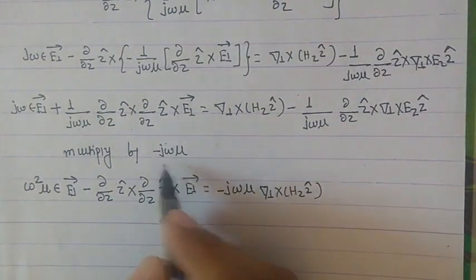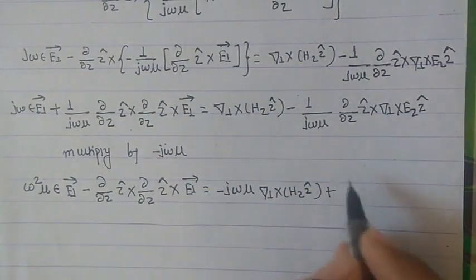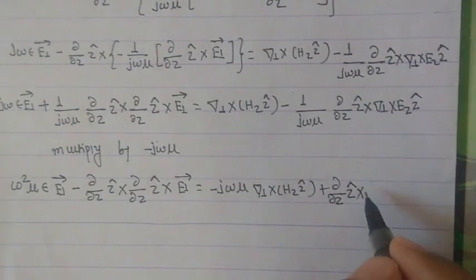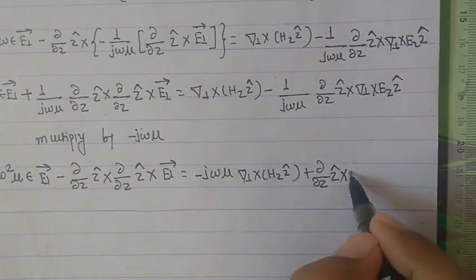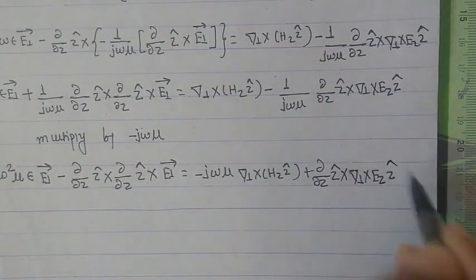Minus minus will become plus. J omega mu will be cancelled out. Del by del z z cross del transverse cross Ez z.